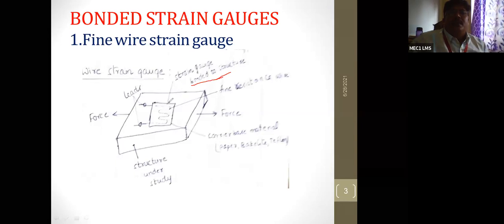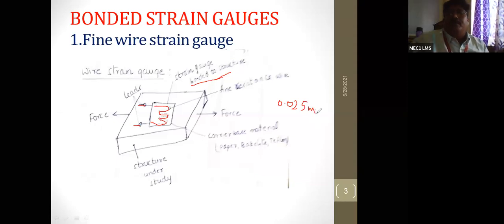Here, this is a strain gauge which is in the form of bending. These are the leads, these two are the leads, and it is 0.025 millimeter in diameter. See how very small it is. It's very sensitive. Almost all the strain gauges are highly sensitive.